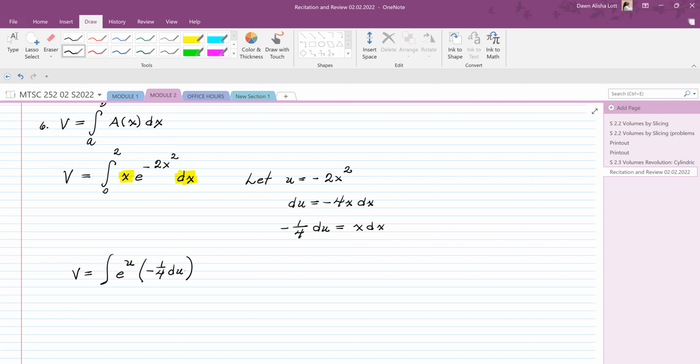So if x equals 0, what is u? You plug x equals 0 into your equation for u. So what do you get? 0. Good. And if x is equal to 2, what is u?